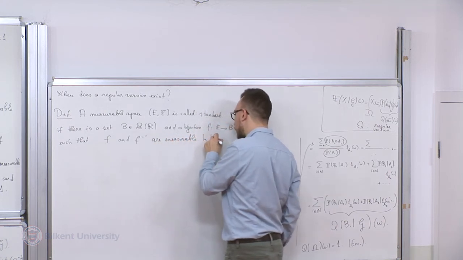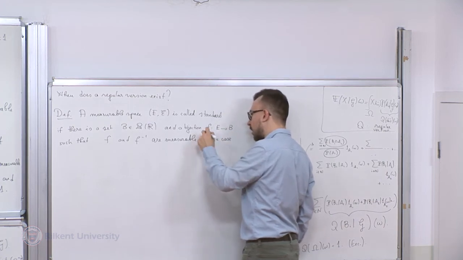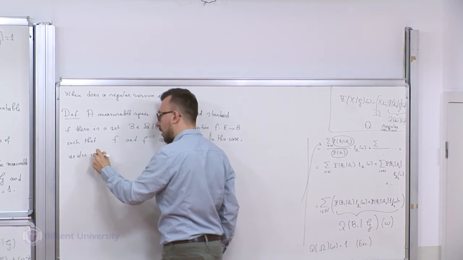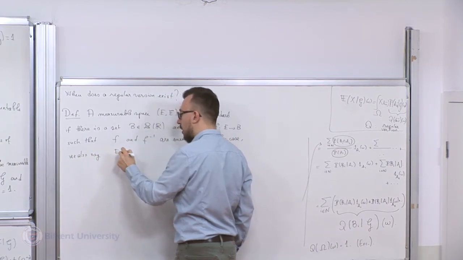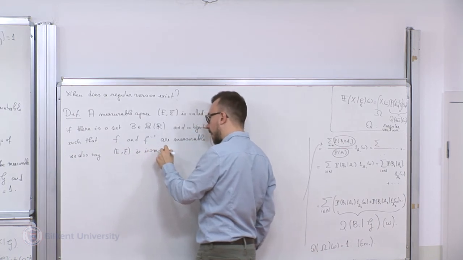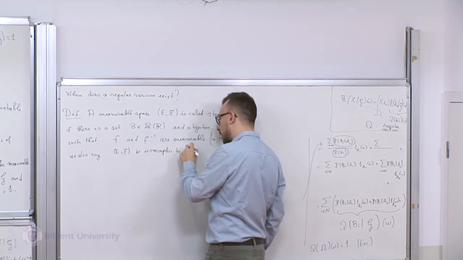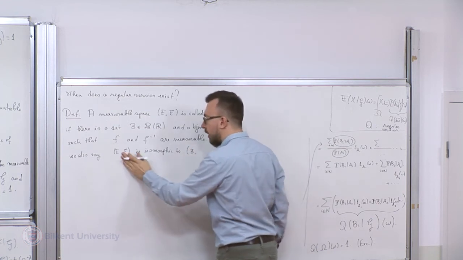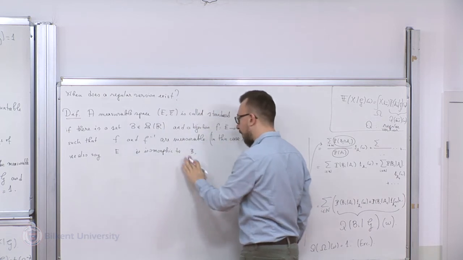In this case, we also say E is isomorphic to B.